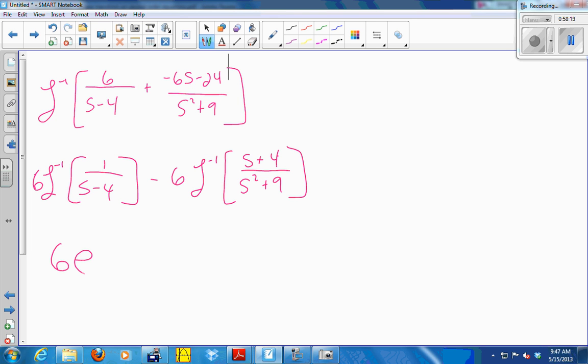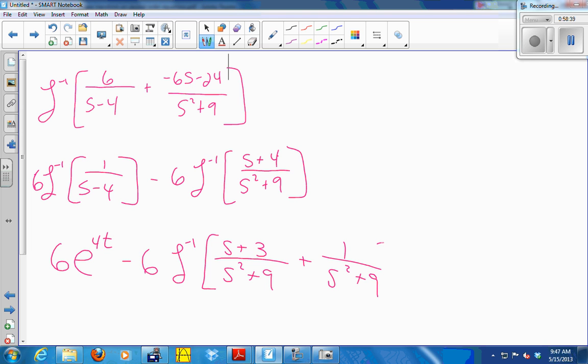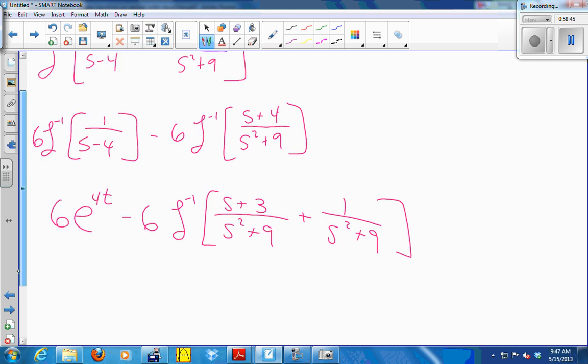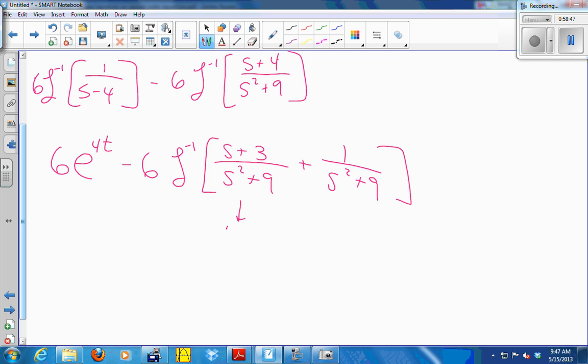So I broke s plus 4 into s plus 3 plus 1. So then the inverse Laplace transform of this guy is in the table.